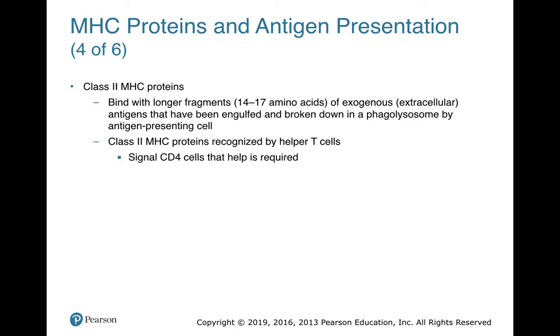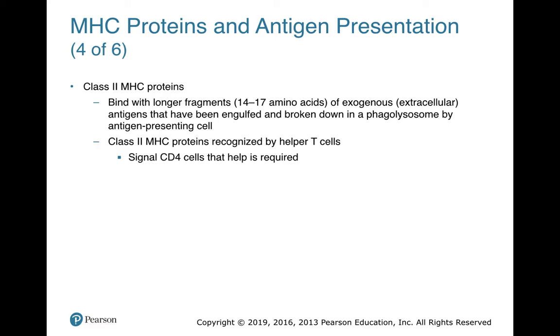Class II proteins pick up larger fragments, longer fragments. They go from 14 to 17 amino acids, and they get those amino acids from exogenous or extracellular locations. So these antigen-presenting cells are phagocytizing things, and the things they're phagocytizing and breaking down, parts of those get put into MHC class II proteins.